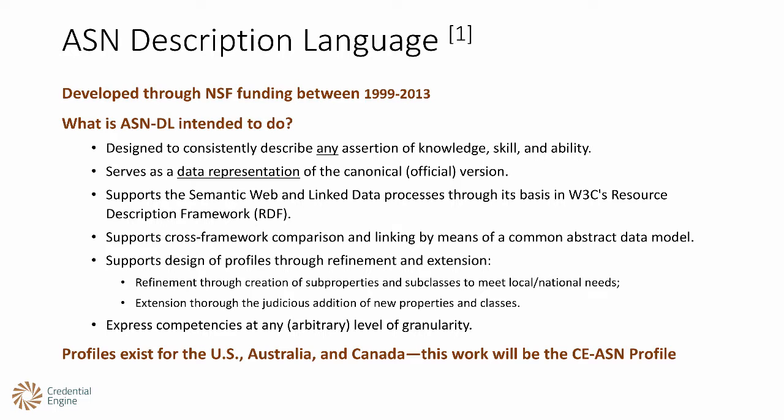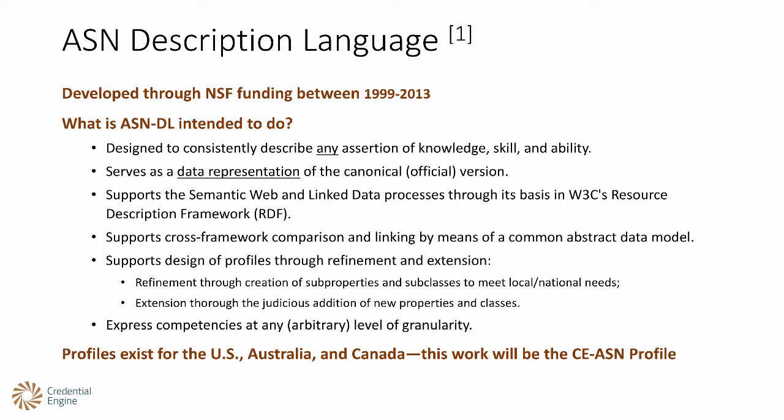So what ASN does is it defines a set of properties, things you can say about competencies and competency frameworks, and yet it knows that people will need to add to it. So there are two ways to do that kind of refinement and extension. You can create subproperties and subclasses of those defined by ASN in your own profile of the ASN.